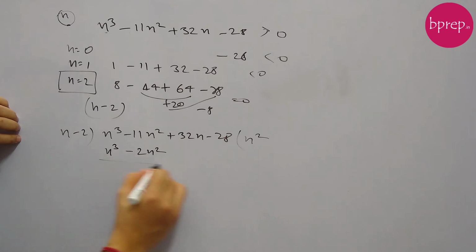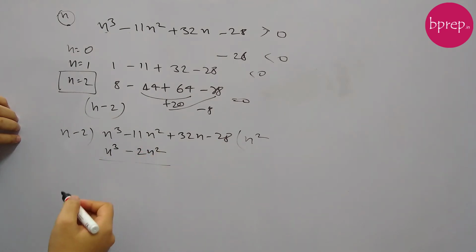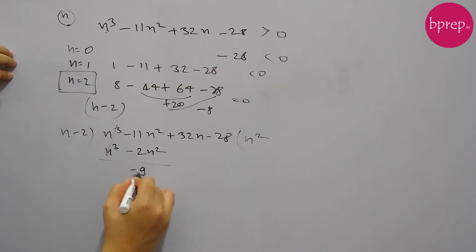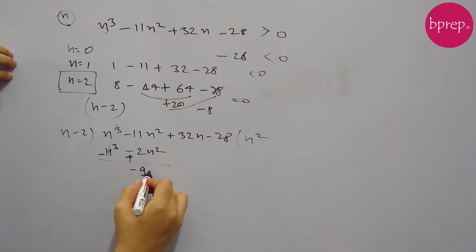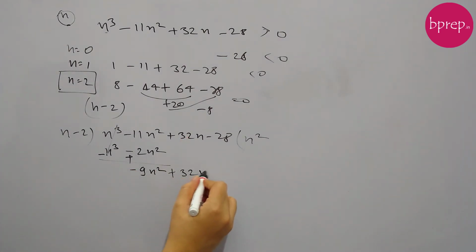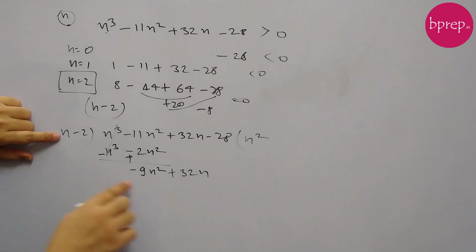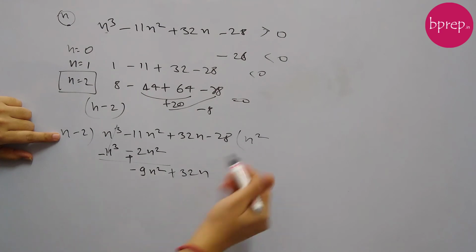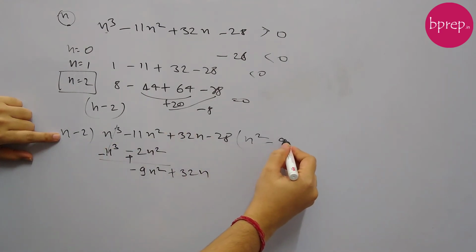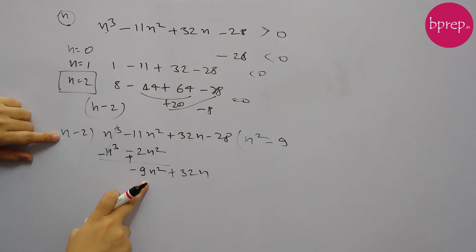By subtracting this here, this will get cancelled, and here we'll have minus 9n square, and then we can bring down 32n. Now again we need minus 9n. If we multiply n minus 2 by minus 9n, we'll get minus 9n square as the first term.